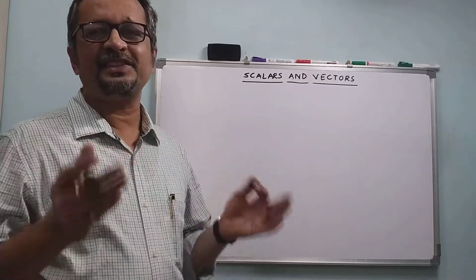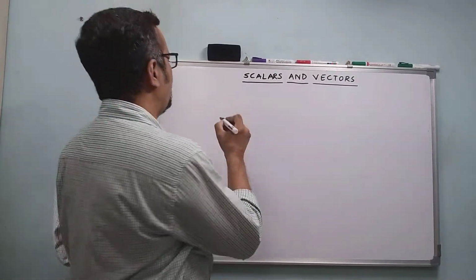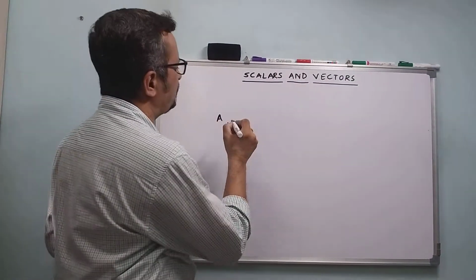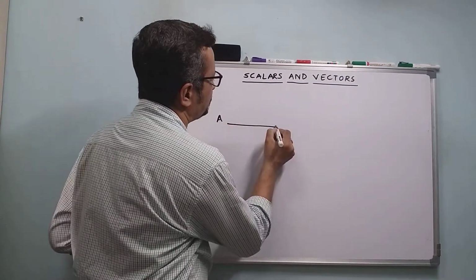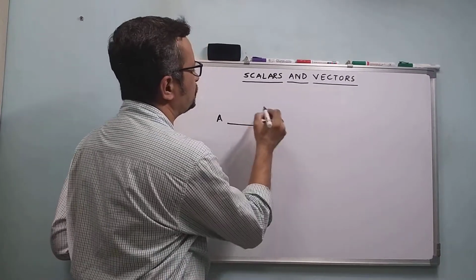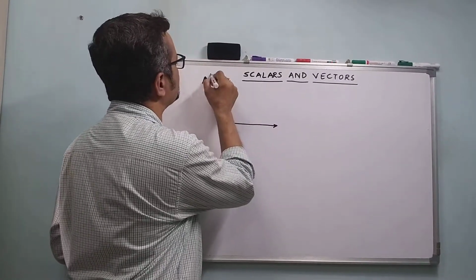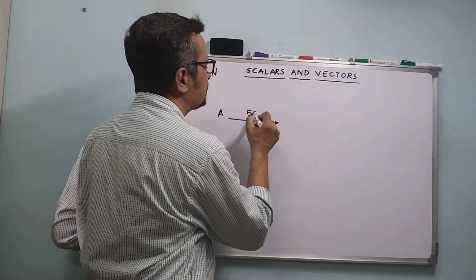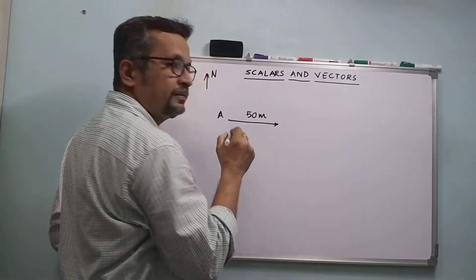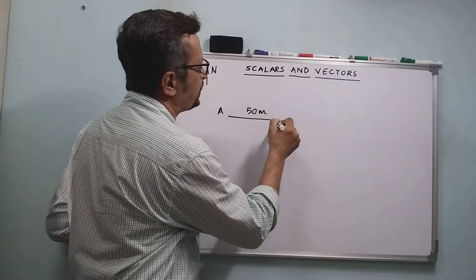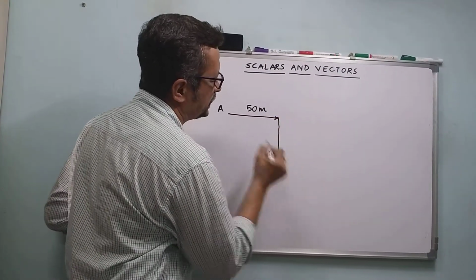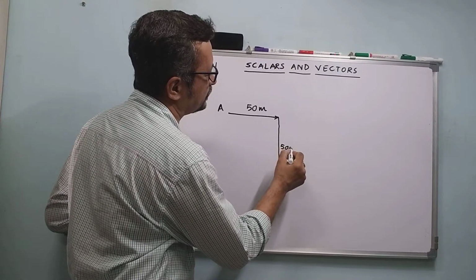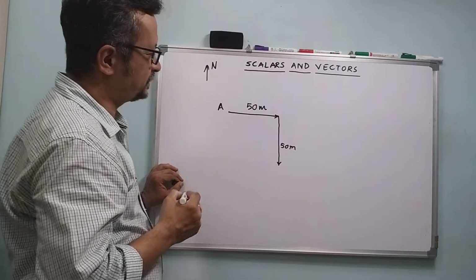Okay, now what is displacement? I'm at point A here. I travel about 50 meter towards east. Now this is my north. So I'm traveling 50 meter towards east. Now what I'm going to do is I'm going to travel 50 meter towards south.